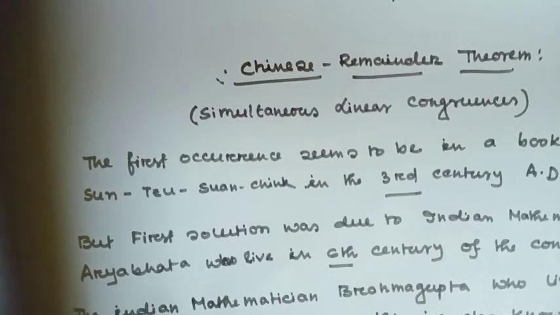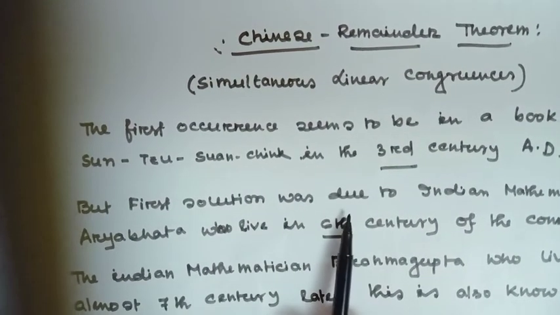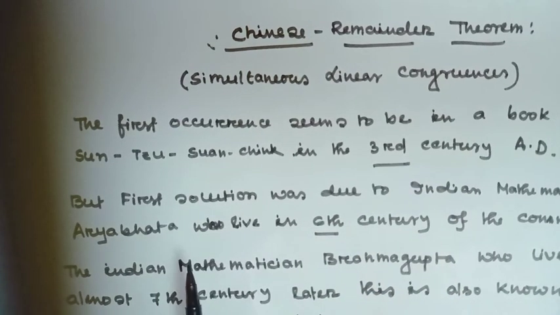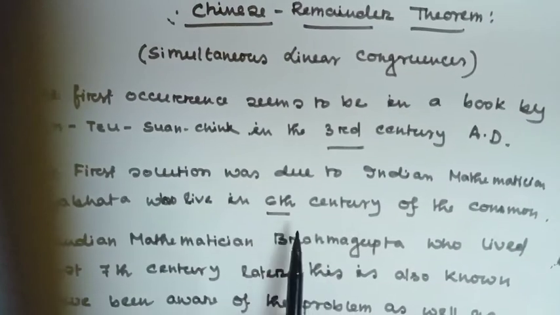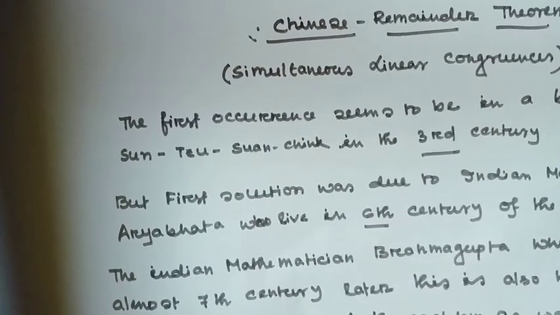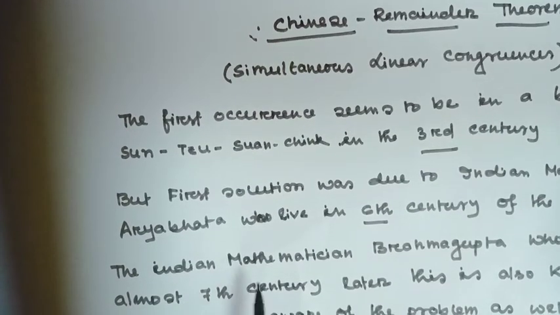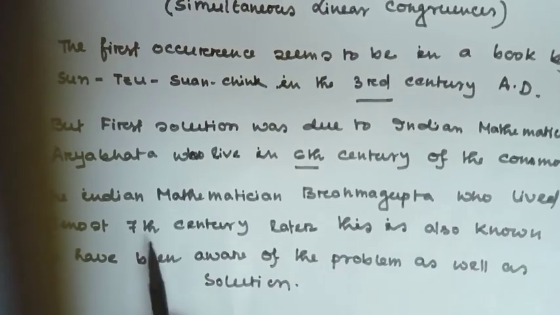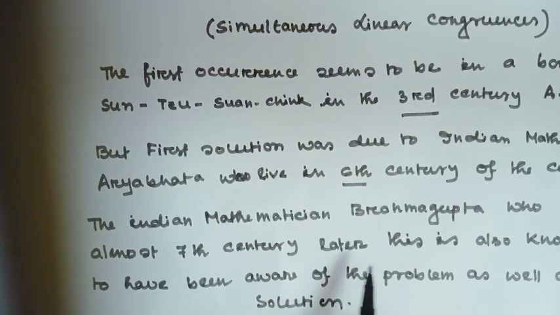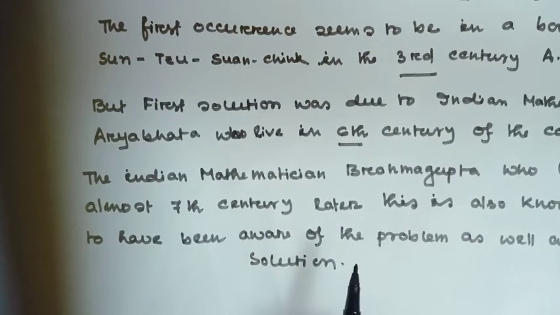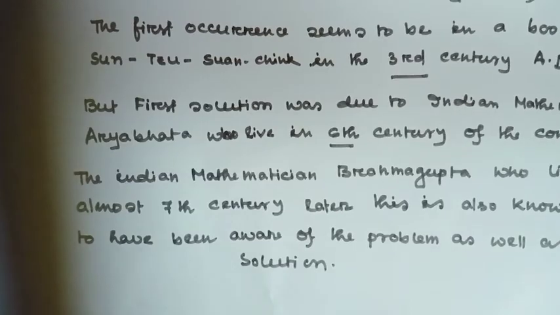But the first solution was due to the Indian mathematician Aryabhatta, who lived in the 6th century. The Indian mathematician Brahmagupta, who lived almost a century later, is also known to have been aware of the problem as well as the solution.